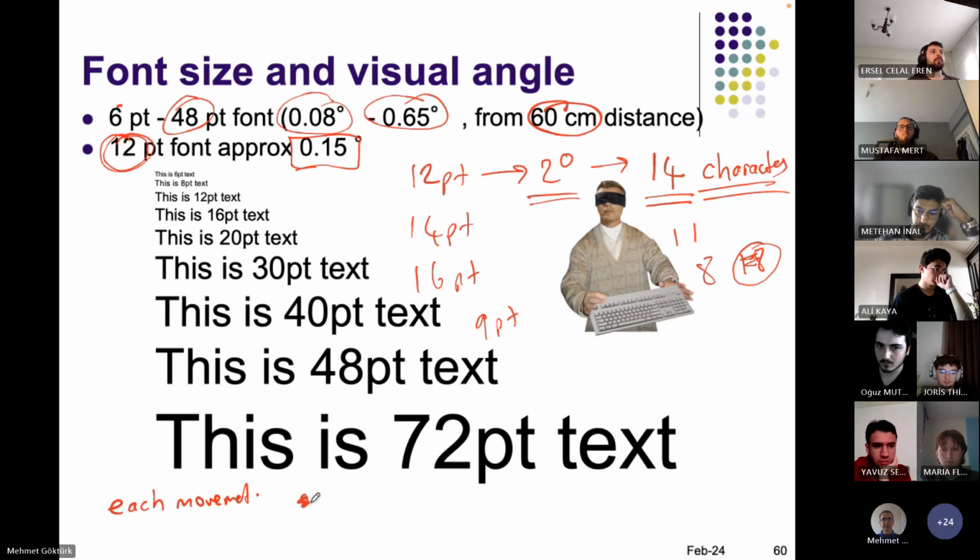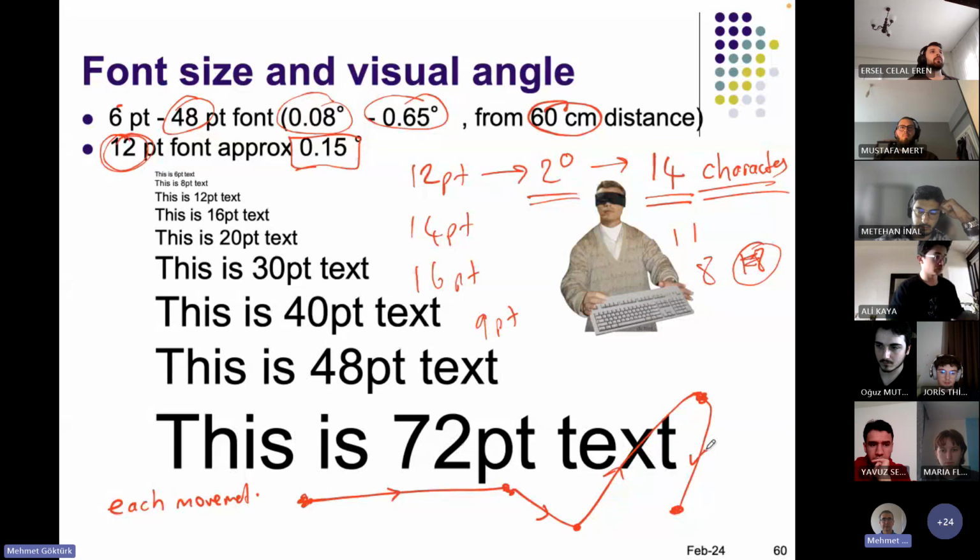You look, then you move, look, move, look, move, look. You move and you stop, and you move and you stop. Okay?